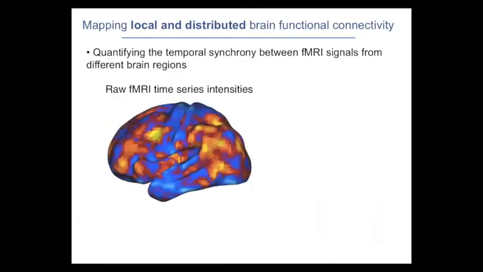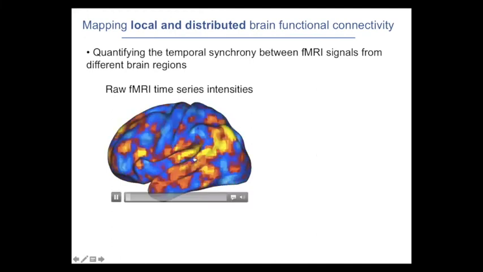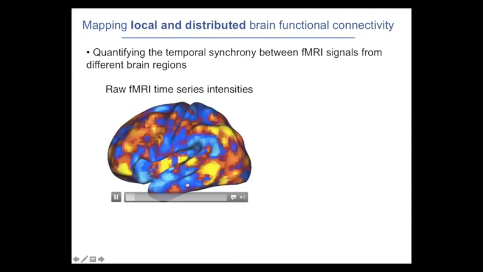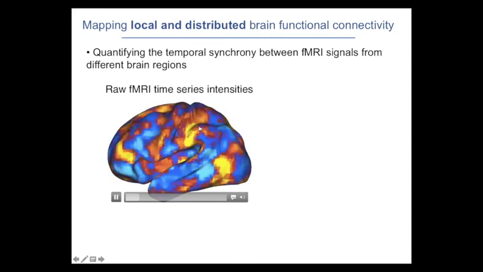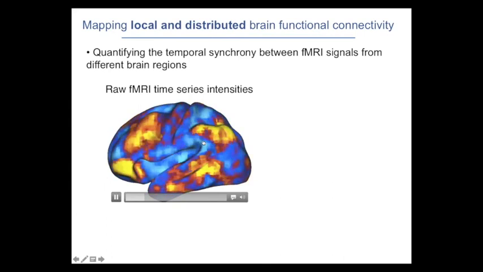Okay. A second type of analysis is based on the system level view of fMRI to characterize local and distributed brain functional connectivity. Here it portrays the signal intensities during a resting state, basically a no-task state, over time. The red color means positive signal fluctuations and blue color means negative signal fluctuations.